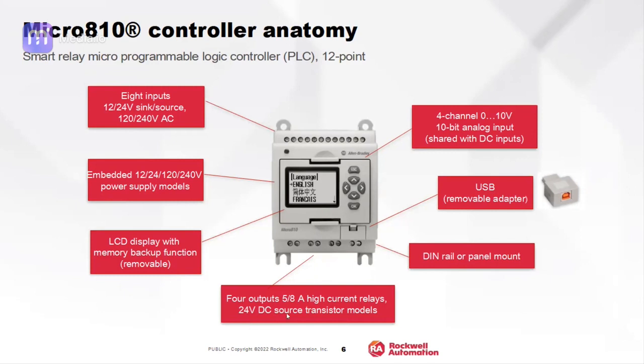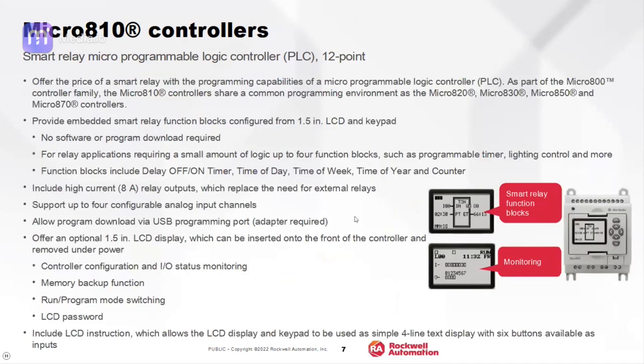If it is 24 volt, that will be a transistor module, and we need to use an external relay. So as we discussed, for these timing functions and smart relay functions, we can use 810 wherever we require simple automation with timing and counting functions.